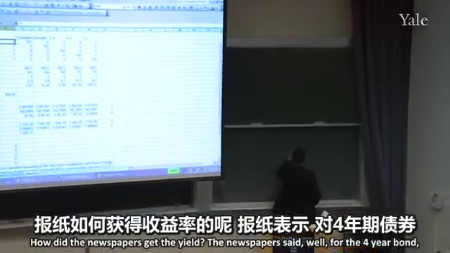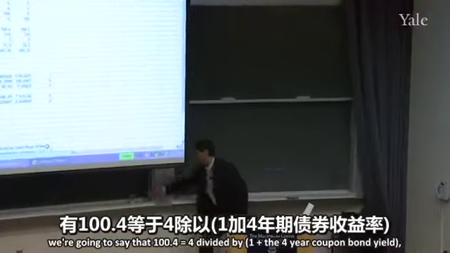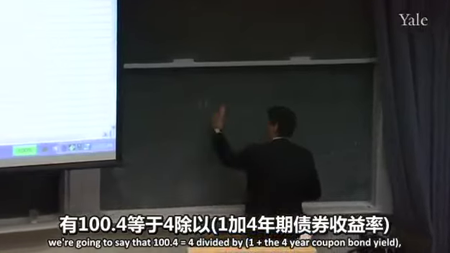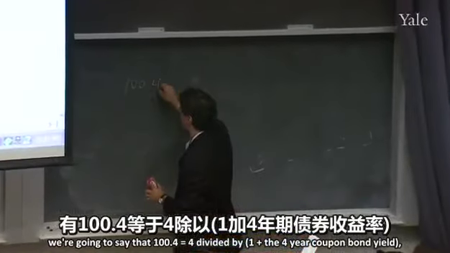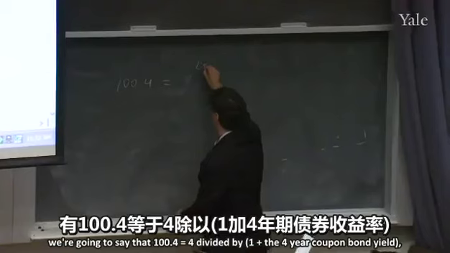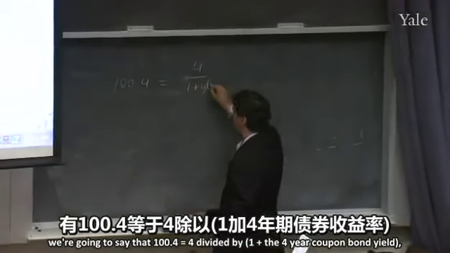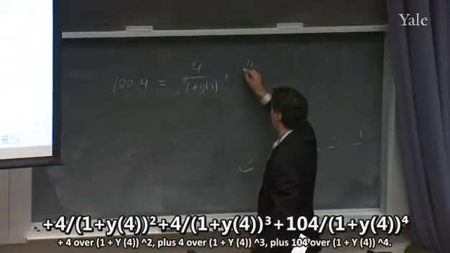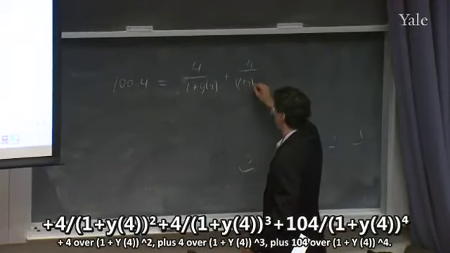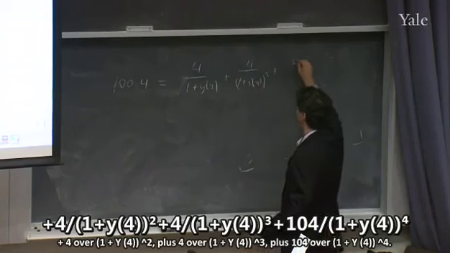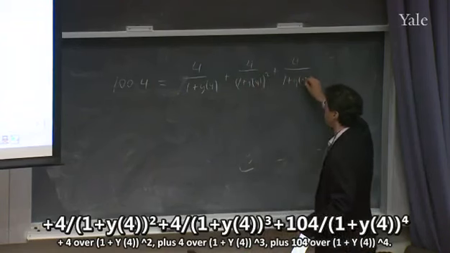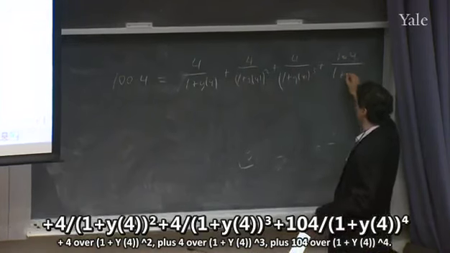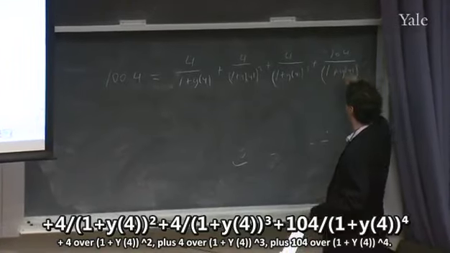The newspaper said, well, for the 4-year bond, we're going to say that 100.4 equals 4 divided by 1 plus y of 4, the 4-year coupon bond yield, plus 4 over (1 plus y of 4) squared, plus 4 over (1 plus y of 4) cubed, plus 104 over (1 plus y of 4) to the 4th.